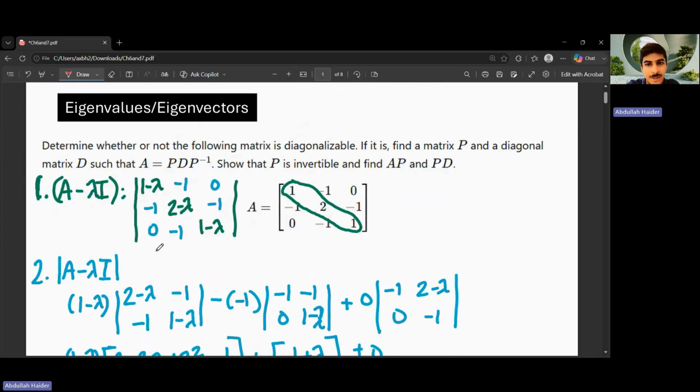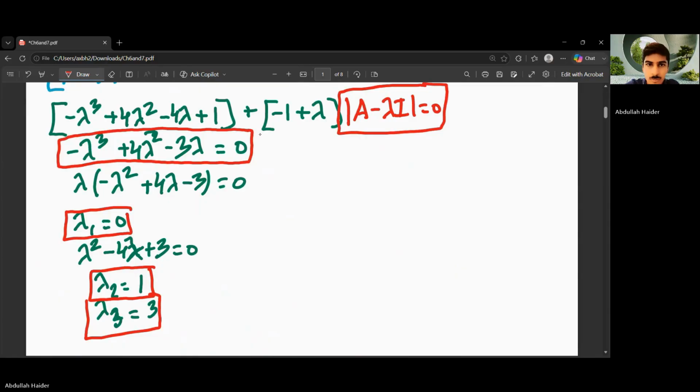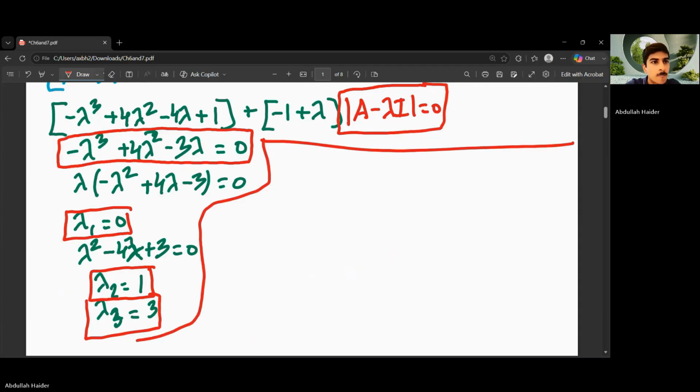So how to find our eigenvectors? You use this equation A minus lambda I to find the eigenvalues, using this equation and finding the determinant and then making this equals to 0. This is how you get the eigenvalues.